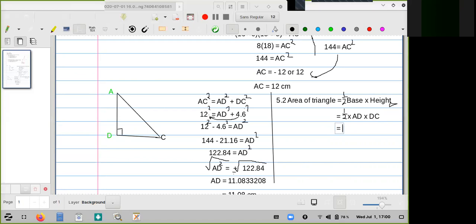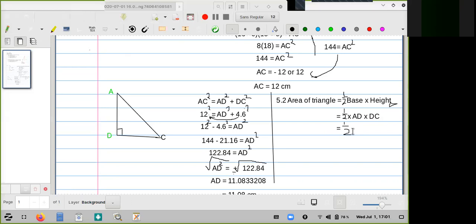I'm now substituting, which is half. Half, remember, is the same as 0.5, right? You can as well make use of that. But for the sake of the formula, we have to make use of the fractions the way they are.